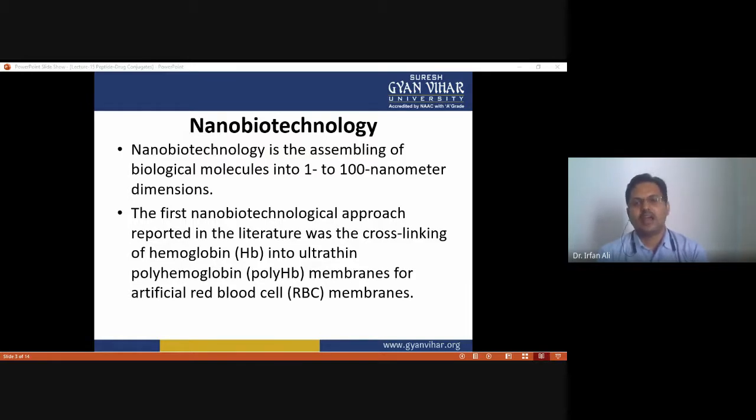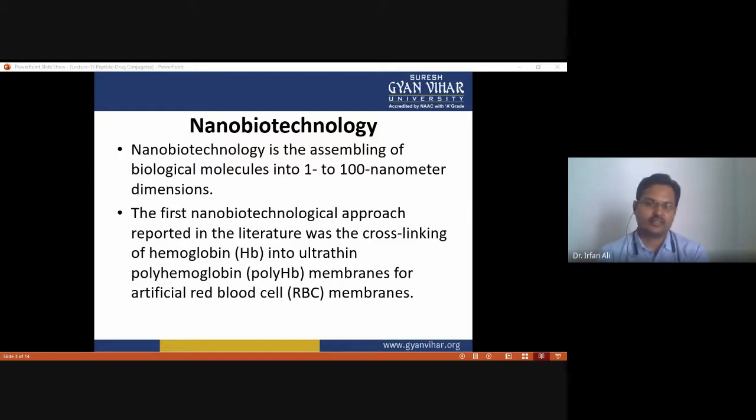If the emulsion is made even smaller, then the whole artificial cell with its hemoglobin can be cross-linked into a polyhemoglobin of nano-dimension. This is called polyhemoglobin. A certain reagent like glutaraldehyde can cross-link hemoglobin into soluble polyhemoglobin of nanodimensions.